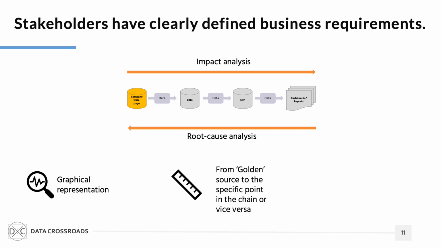Next requirement is about the scope of data lineage. Business people often need to know data lineage in its full scope, from the golden sources to the final management reports. In the complex architectural landscape, it's often not possible.